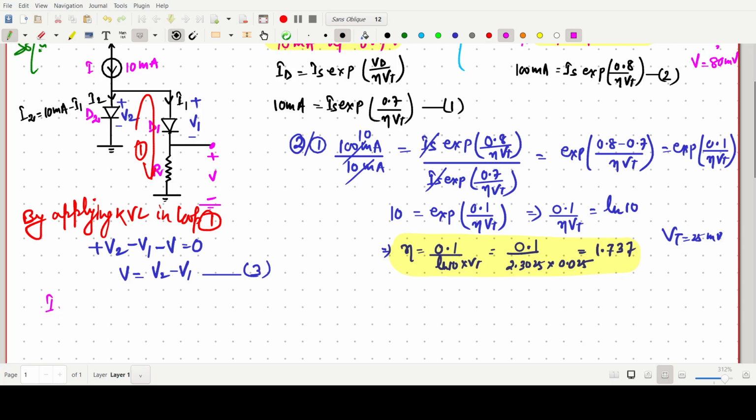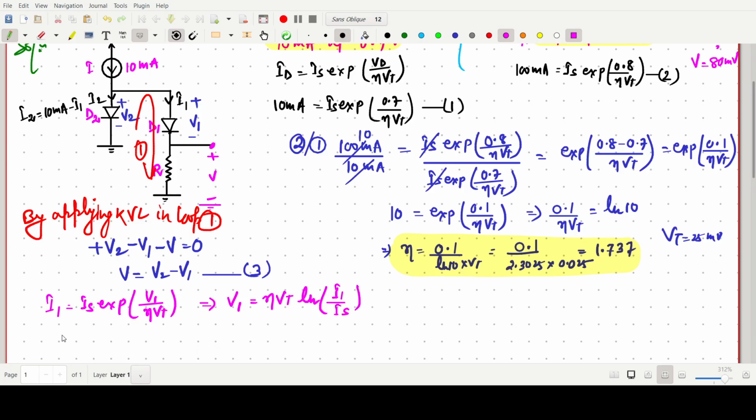Okay, so the I1 current can be written as Is exp(V1 by eta Vt), simply our diode equation. From here one can write V1 equals eta Vt ln(I1 by Is).